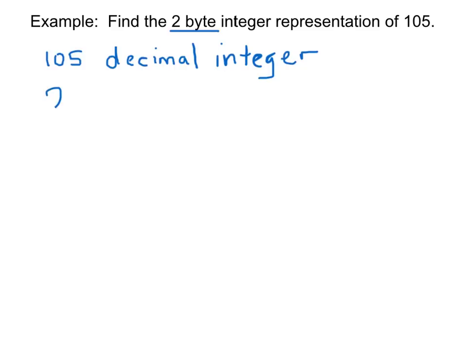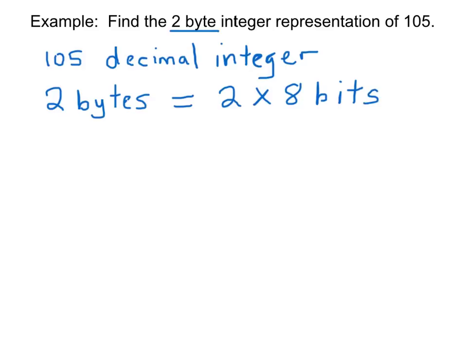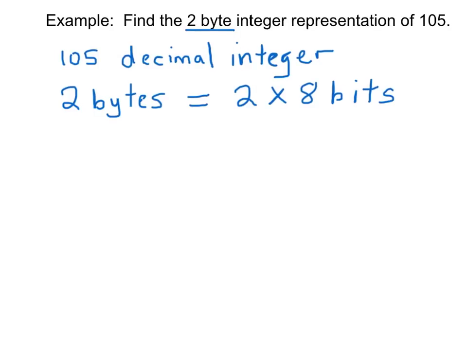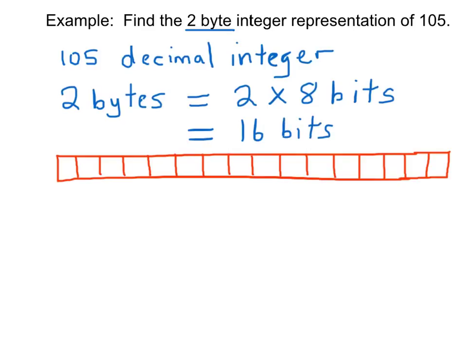The computer allocates 2 bytes to store this particular integer, and 2 bytes is equal to 2 multiplied by 8 bits. There are 8 bits in 1 byte. So that is 16 bits. 16 bits to a computer looks like this.